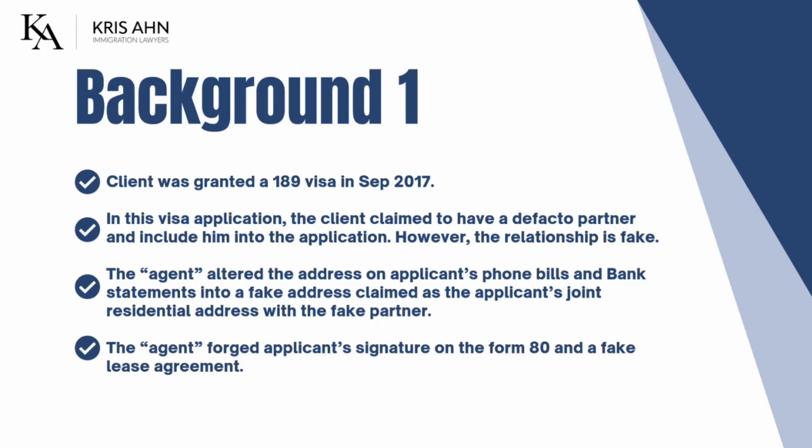So a single applicant wouldn't get a higher point. That's the law back in 2017. The client included the de facto partner in the application, and the partner didn't claim any points. So basically, whether the client has the partner or not, the invitation points are the same.